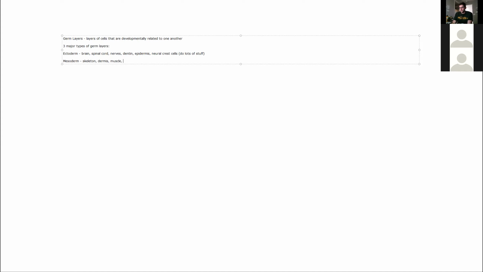Also things like vascular tissue all come from the mesoderm. Things like the mesenteries and peritoneum, so the parietal and visceral peritoneum.